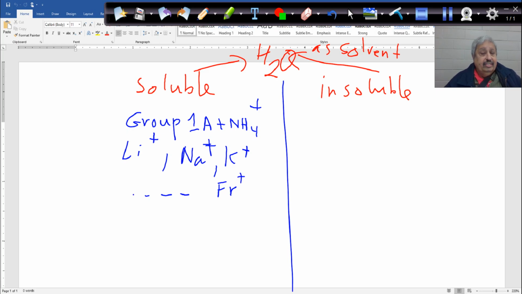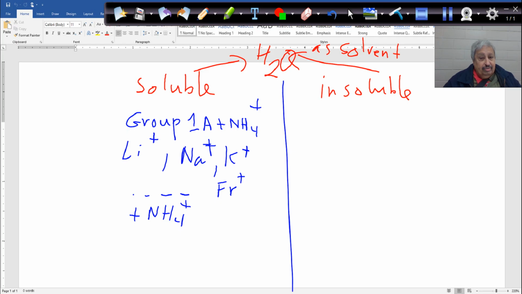Those cations are soluble, and the ammonium too. Those are soluble regardless of which anion, the negative one, you put with them, including the covalent, non-metal anions. It's always soluble in H2O. This you have to visualize.